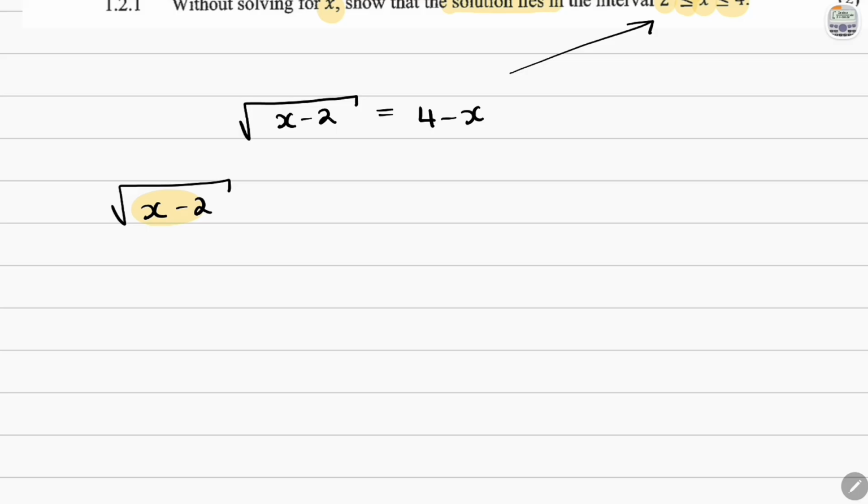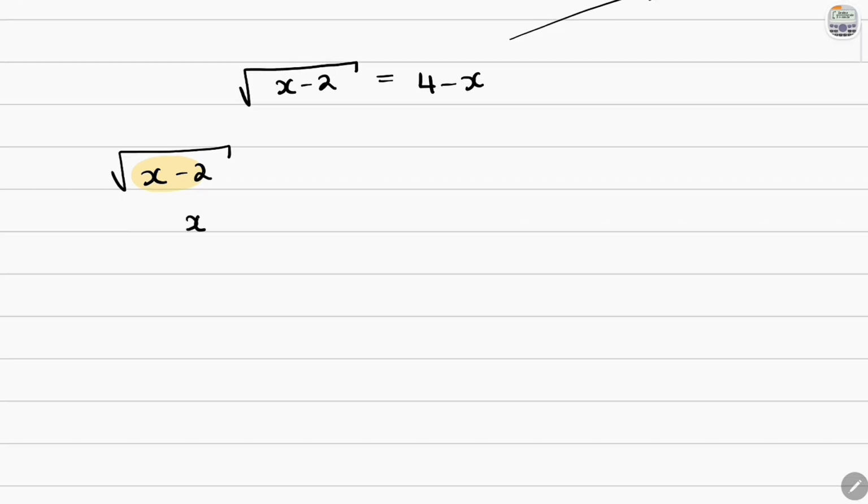It shouldn't be negative, meaning x minus 2 can be greater than or equal to 0. It can be equal to 0. I'm not saying that at 0 we will have a solution, but the expression will produce real values. And where there are real values, we'll be able to find a solution within that.